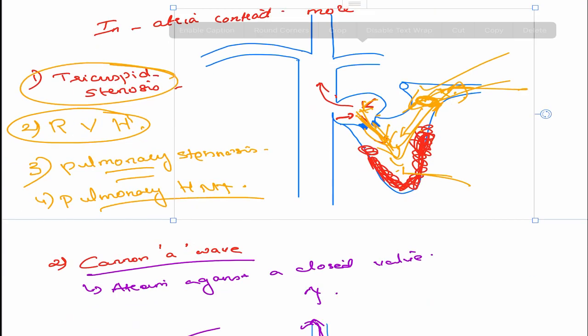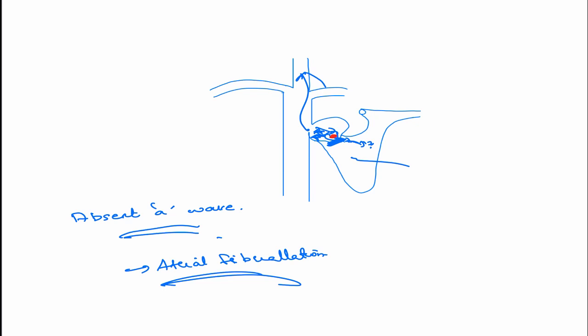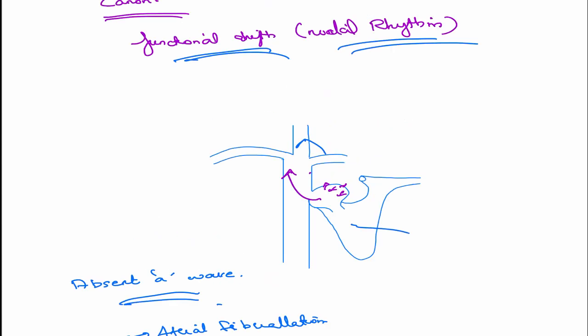It contracts, relaxes, that is fibrillation. So there won't be any rise in pressure, and there will be an absent A wave. These are the pathologies related to that.